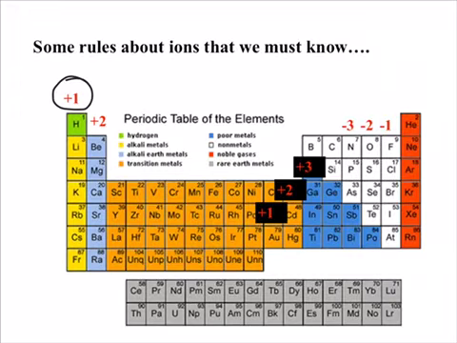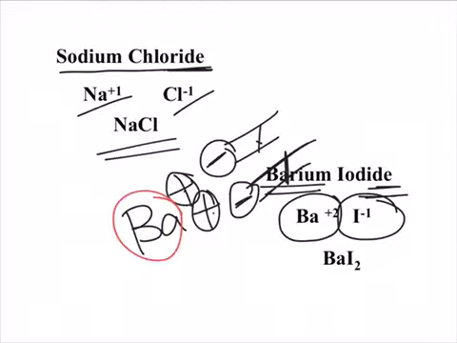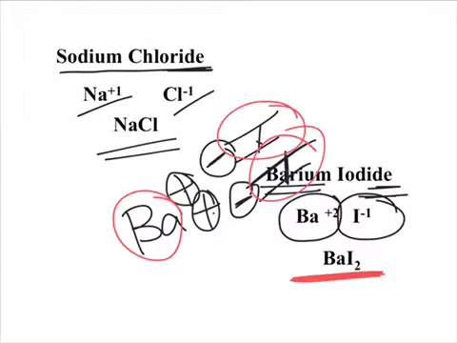With 2 iodides, we'll have enough negative charges to cancel out both of those positive charges that barium is contributing. So what do we have for a formula? We're looking at 1 barium and 2 iodides. So that's where we get this formula. BaI2 is the correct formula unit, or we can just say the correct formula for barium iodide.